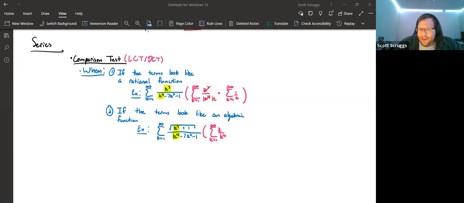Because it is inside that square root, I do need to consider that, and so the highest power would be k to the 3/2 power.